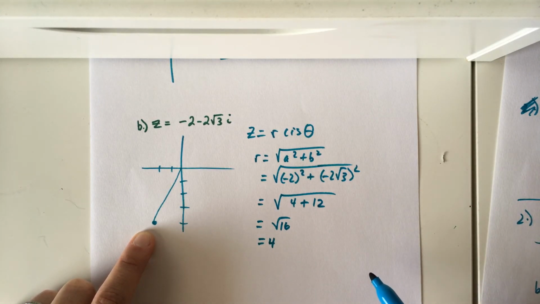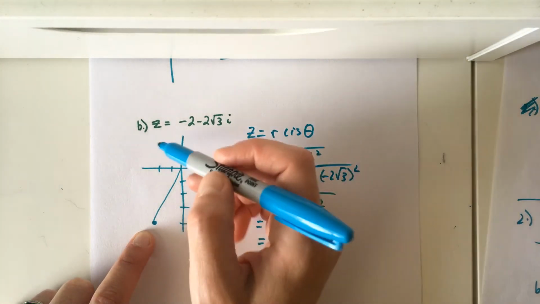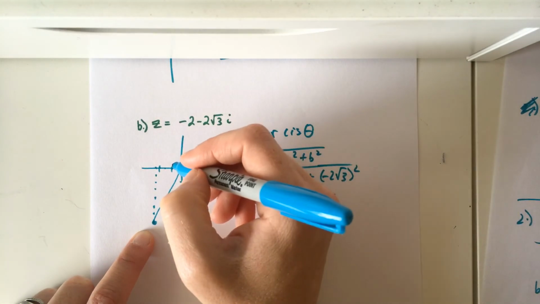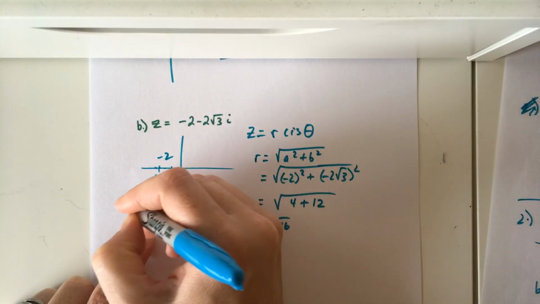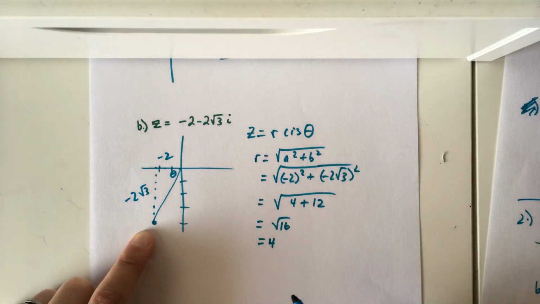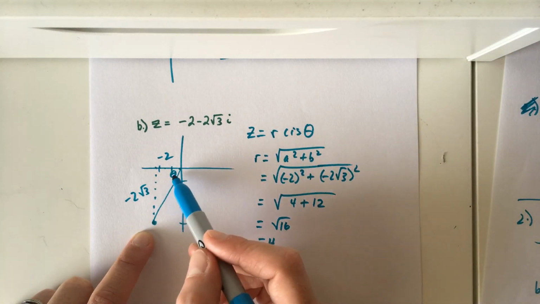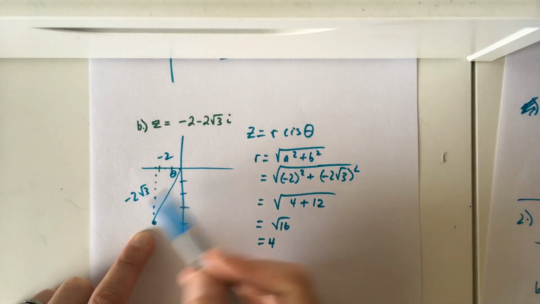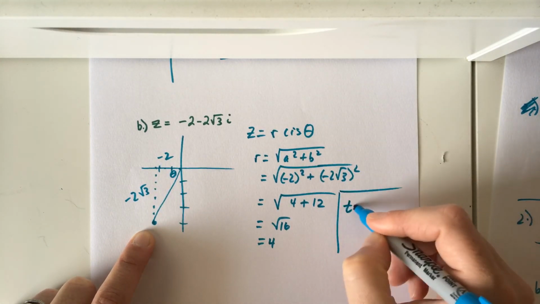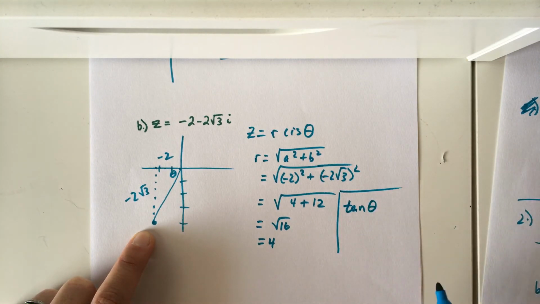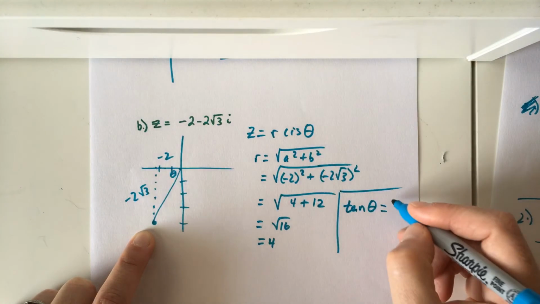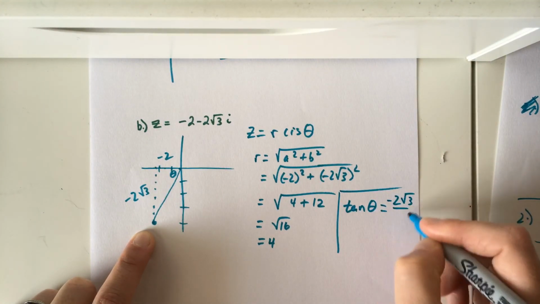We also need to figure out the angle. Well, if we label this triangle that we've created, this is -2 and this is -2 root 3, and this is the angle that we want to find. Well, we know the opposite and the adjacent. If we know the opposite and the adjacent, we can use the idea of tangent. So tangent of the angle that we're looking for equals the opposite over adjacent, -2 root 3 over -2.